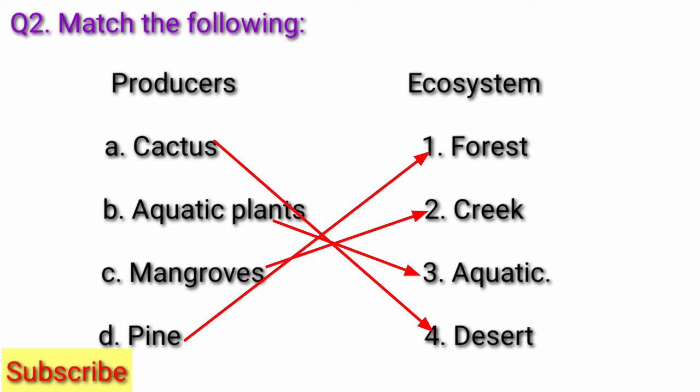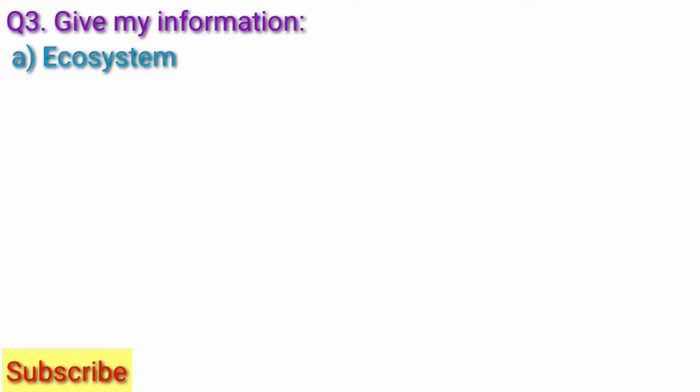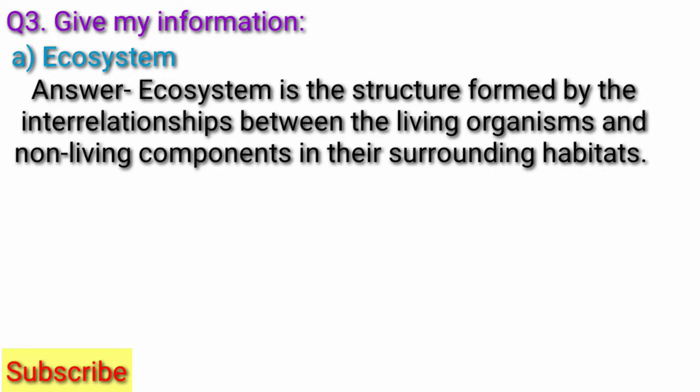Question 3. Give information. Question A. Ecosystem. Answer. Ecosystem is the structure formed by the interrelationships between the living organisms and non-living components in their surrounding habitats.